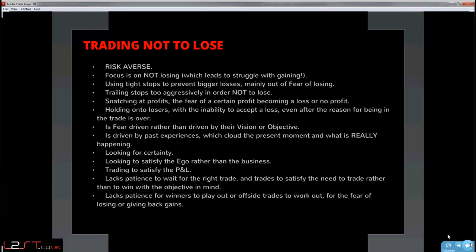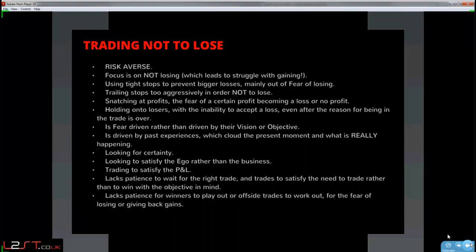And you might even find that you have recognized that you're trading not to lose, and you are willing to shift to trading to win, but you have to make the shift, and that's okay. Sometimes you may even go back to trading not to lose, and then you have to recognize that and become aware again, and then go back to shifting towards trading to win.